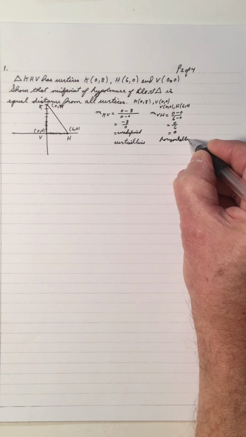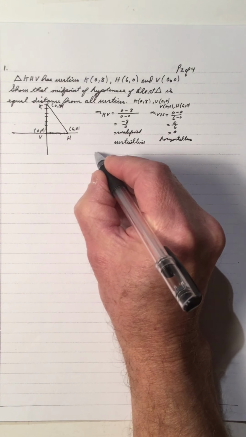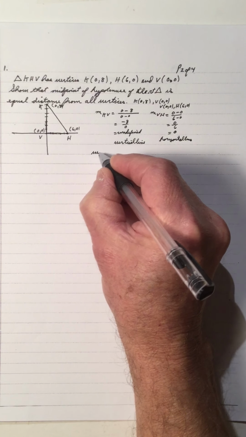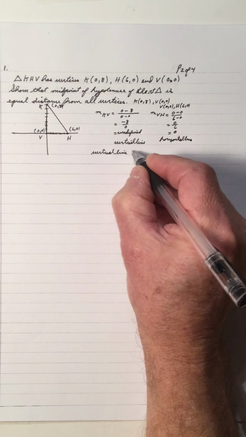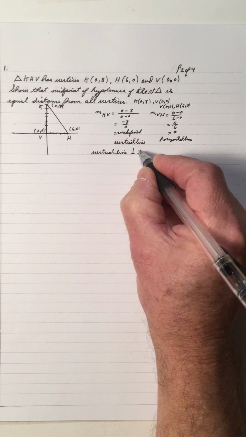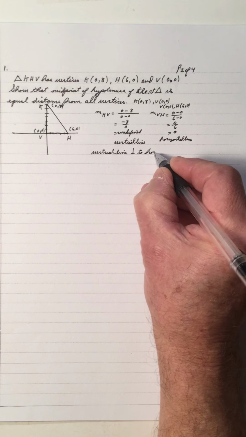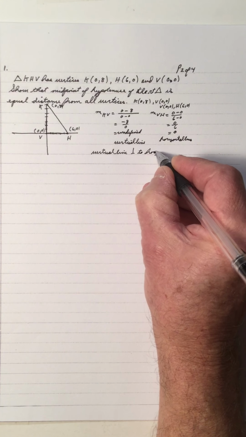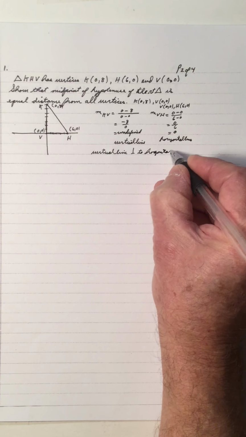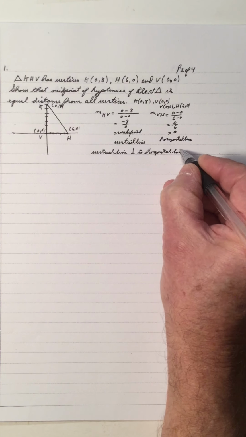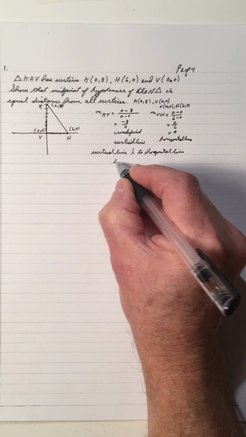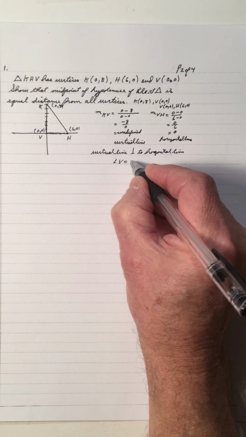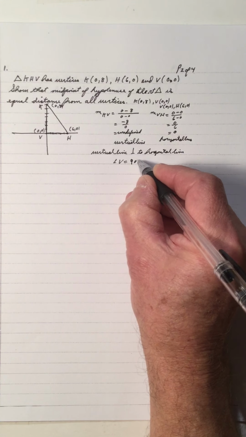A horizontal line has a slope of 0. That means that the vertical line is perpendicular to the horizontal line. We can't say negative reciprocals. Therefore, angle V is equal to 90 degrees.